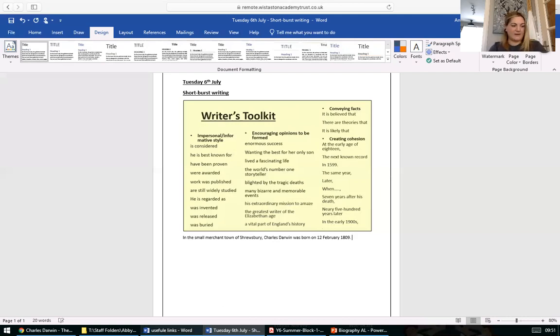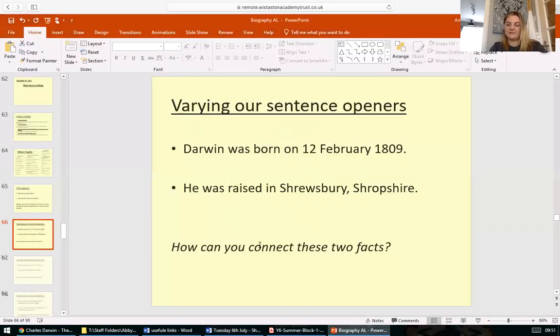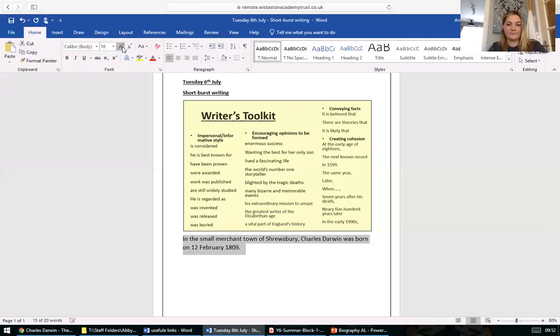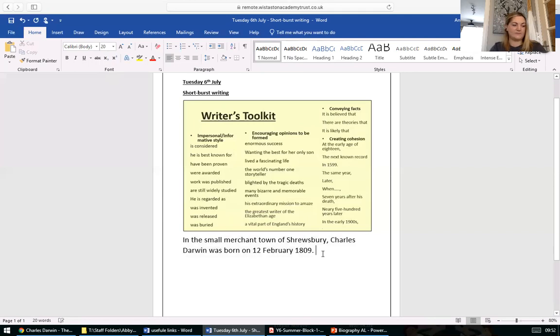I then have my next fact that I want to include. Let's go back. He was raised in Shrewsbury, Shropshire. I've already said he was born there, so I need to explain that he was raised there as well. Let's make this a little bigger so we can see it clearly. In the small merchant town of Shrewsbury, Charles Darwin was born on the 12th of February, 1809.